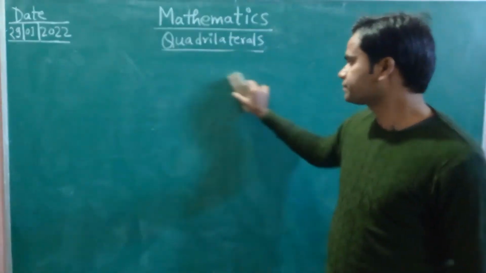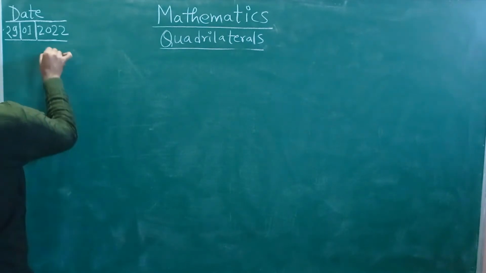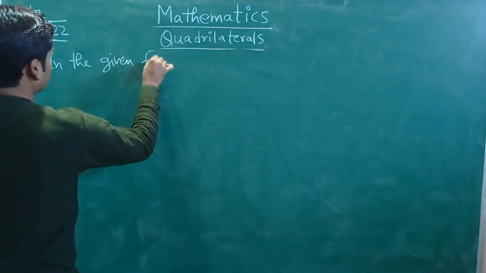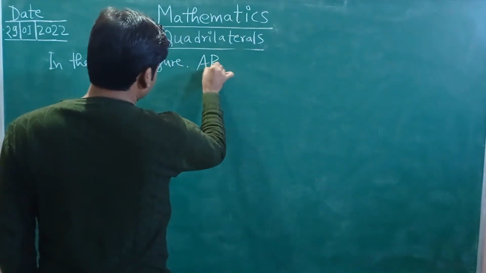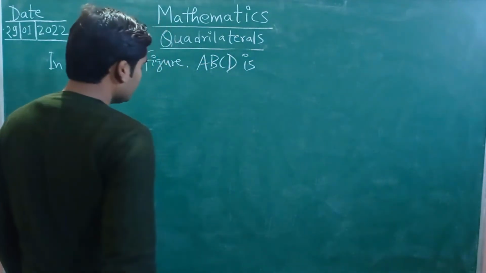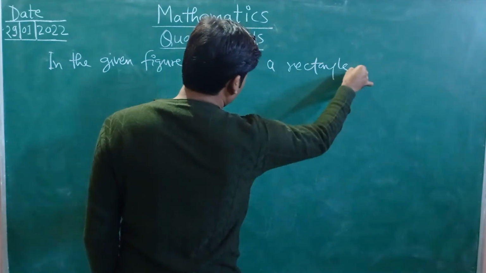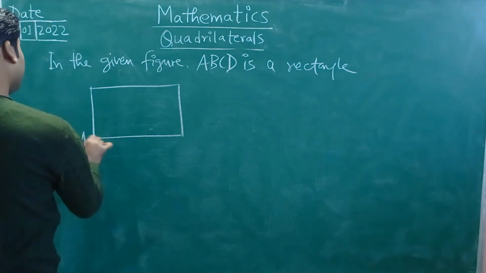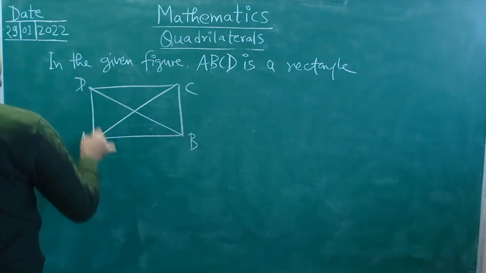Next question is, in the given figure ABCD is a rectangle.